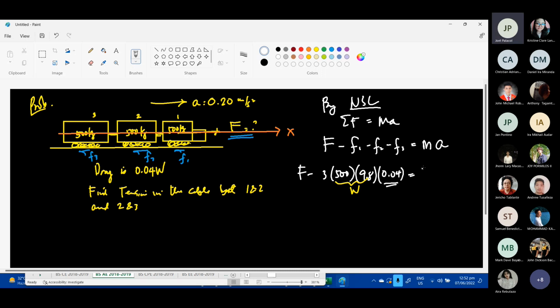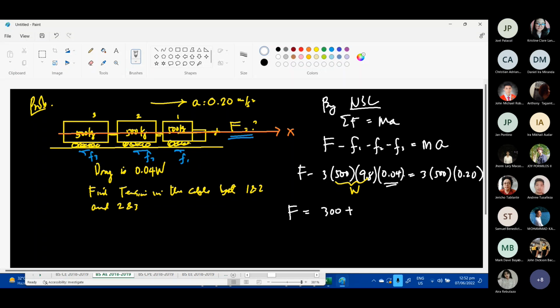And that must equal the total mass, so that is 3 times 500, each has a mass of 500, times the required acceleration of 0.20. So simple, no? F is equal to, how much is this? 3 times 0.2 is 0.6. 500 times 0.6 is 300.